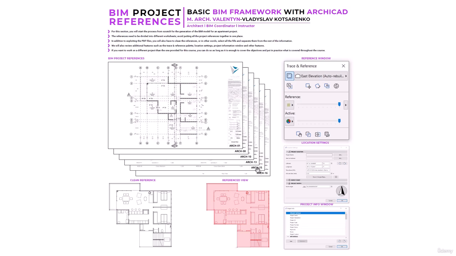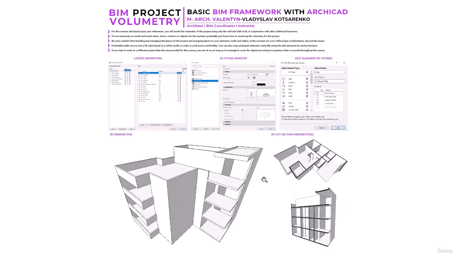So in this lesson, we start off by commenting on how you can start referencing the information about the project within ArchiCAD, how you can use the trace and reference, and register basic data. Then we move on to how you can start modeling the basic volumetry of the project, a little bit about layer definitions, styles, and how you can copy and paste your elements in different levels.